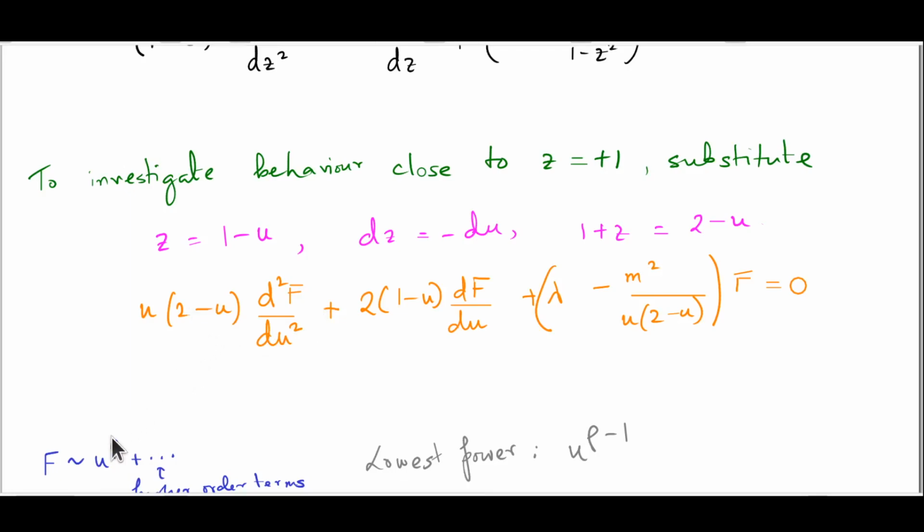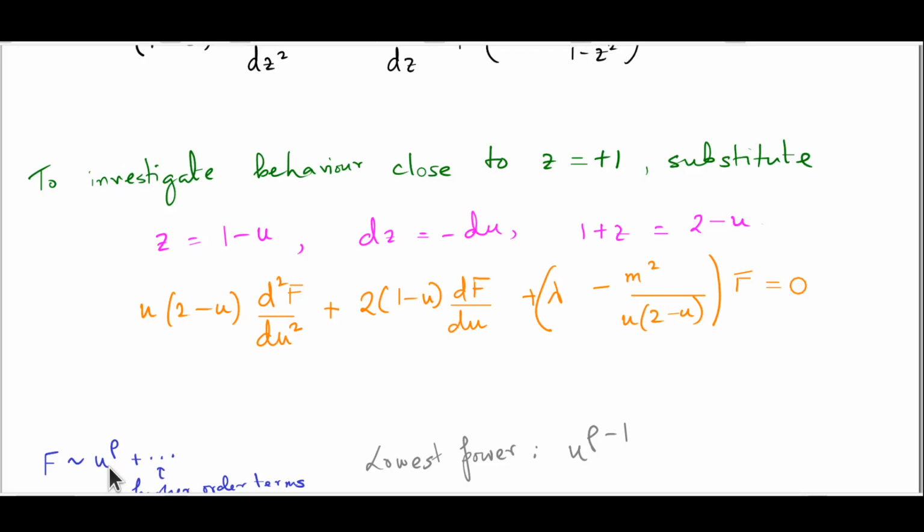Notice that despite the fact that u equals 0 is a singular point, it's a regular singular point, which means that we can have a solution which looks like a power series except that it may have a pole there. So basically you can try solving this using the Frobenius method. I don't even have to work out the entire Frobenius calculation here.